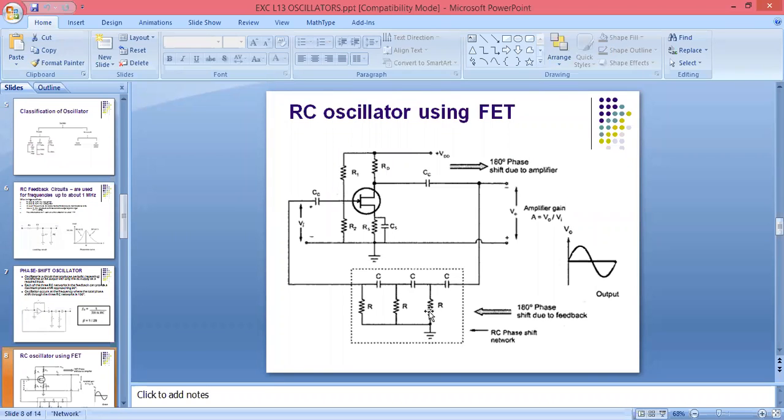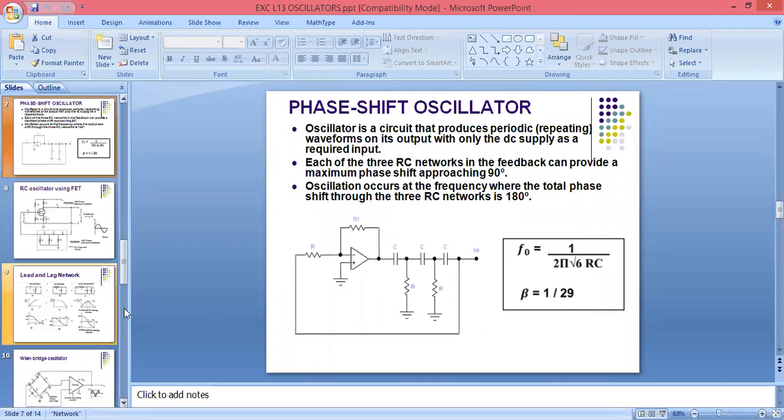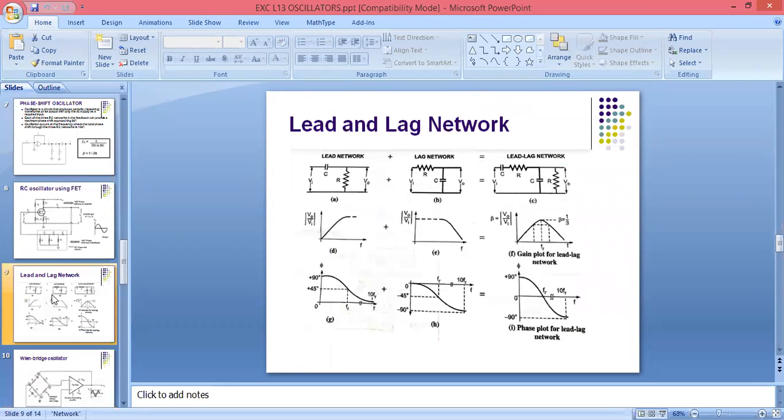And here the frequency will be 1 upon 2 pi RC into 1 upon square root of 6, and the gain will be 29 and beta will be 1 upon 29. So A into beta will be 1. A into beta, the loop gain, the value will be 1. We have studied about lead and lag network.